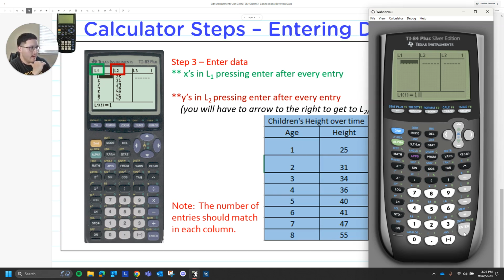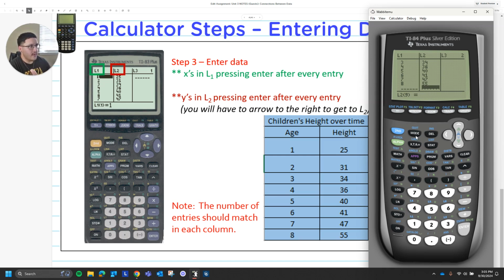L1, we have 1, 2, 3, all the way up to 8. And then go to L2 and enter all the y values, 25, 31, 34, 36, etc. Okay, and then there we go.